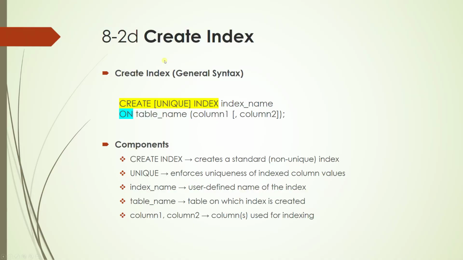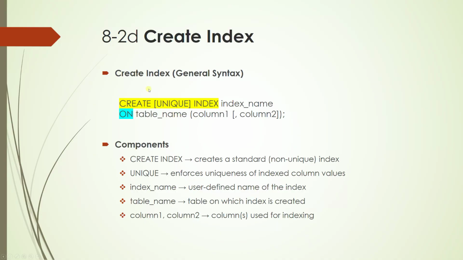How could we create an index? For the creation of an index, we use the create index command. We can use this with or without unique, followed by the name of the index, the table on which we are applying it, and the columns from that table that will be used as the index.